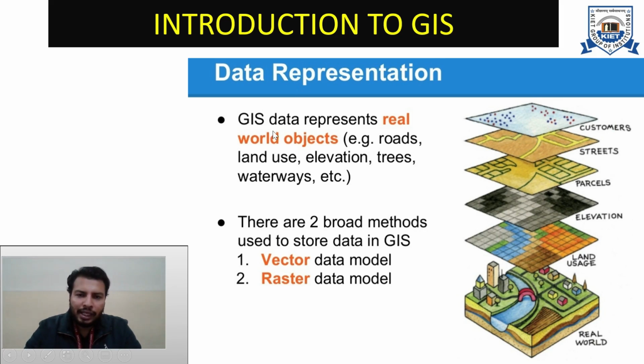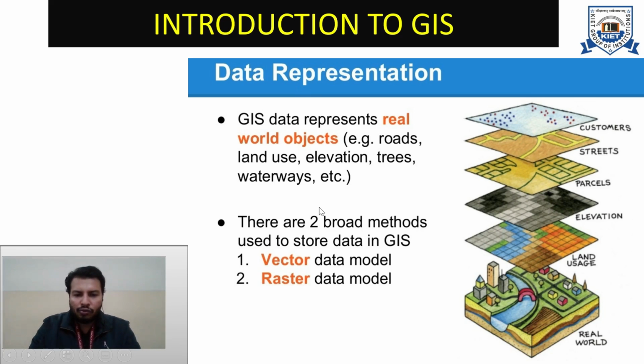When we talk about GIS data, it represents real world objects like roads, land use, elevation, trees, and waterways. Basically, you are converting real world data into a digital representation that gives you information about the real world. You are creating a digital model of the real world, or of a real world geography.